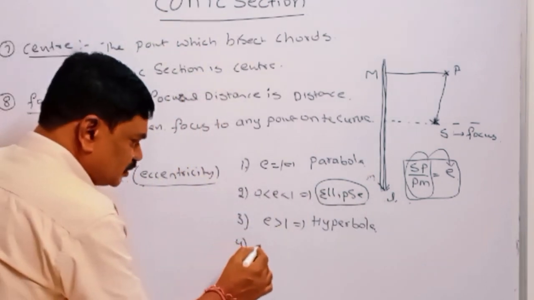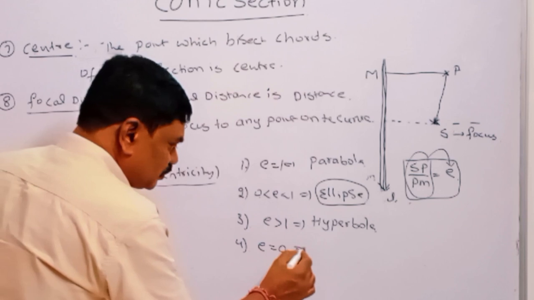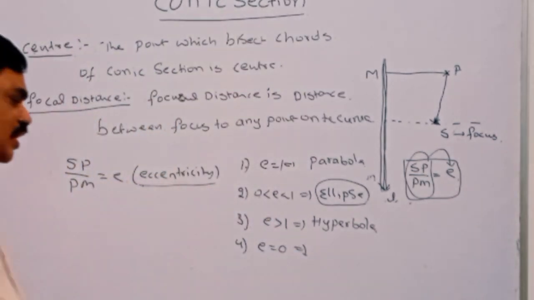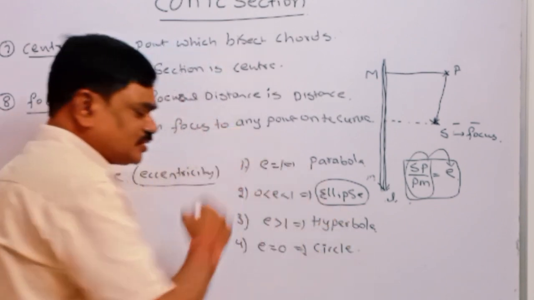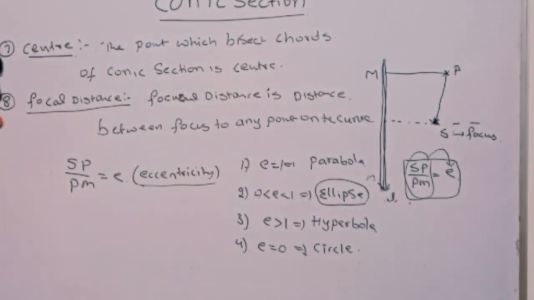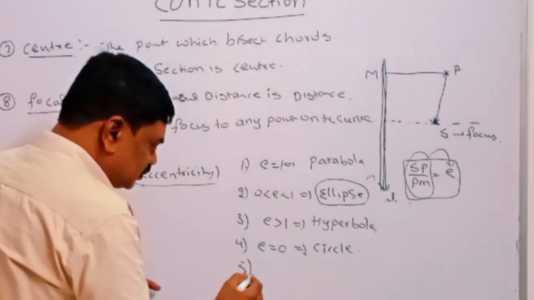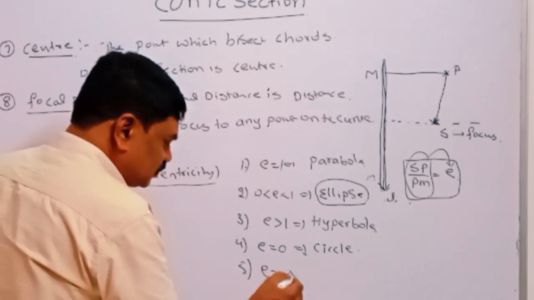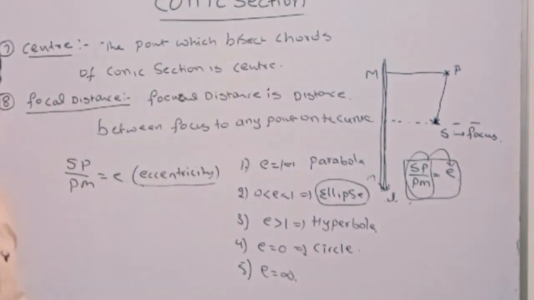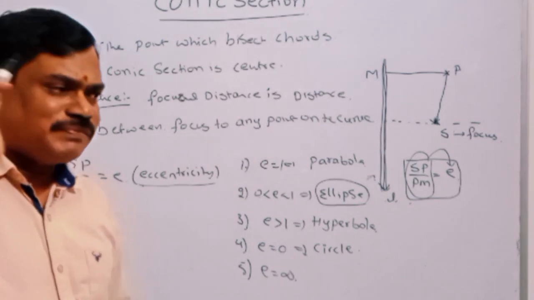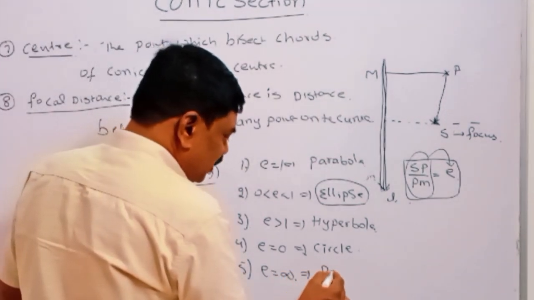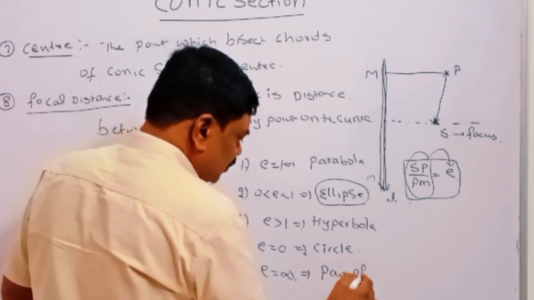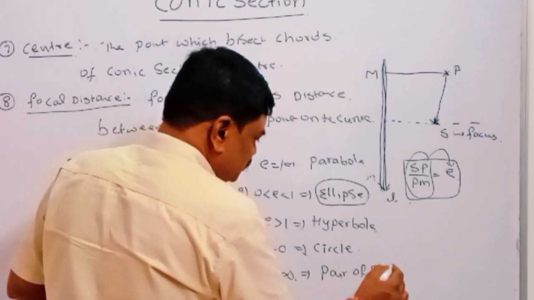Fourth one, E equal to 0, that conic section is a circle. Fifth one, if E is equal to infinity, that conic section represents a pair of straight lines.